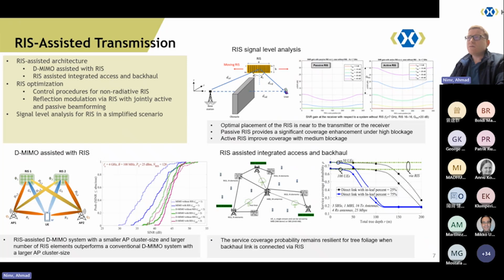RIS was also investigated in various settings along with distributed MIMO to overcome blockage.